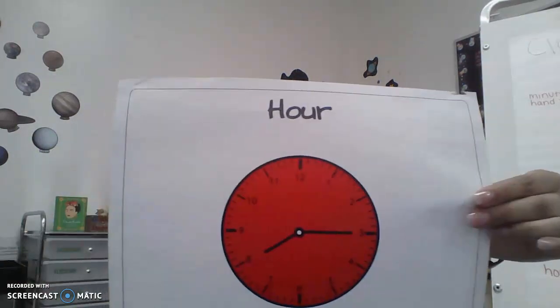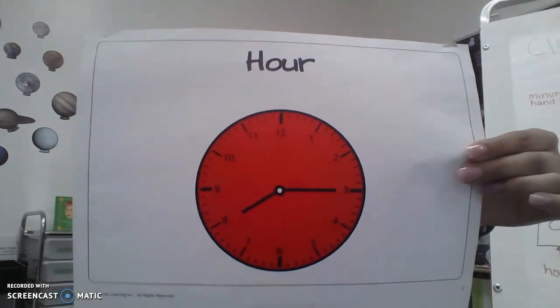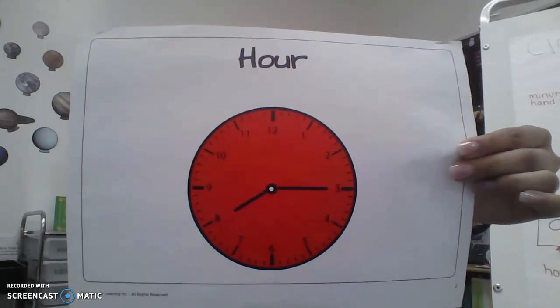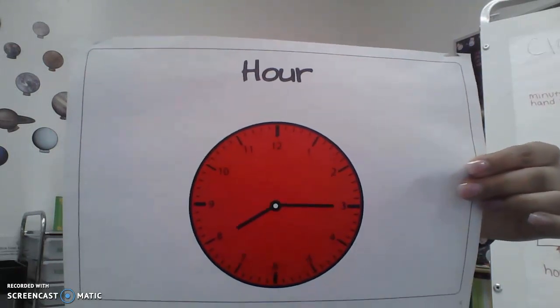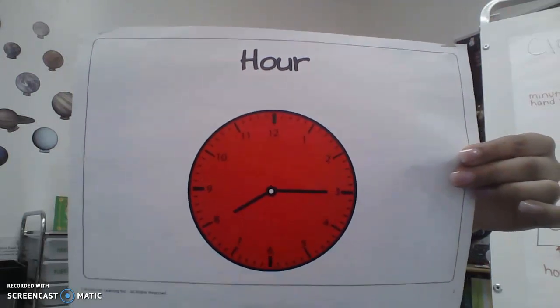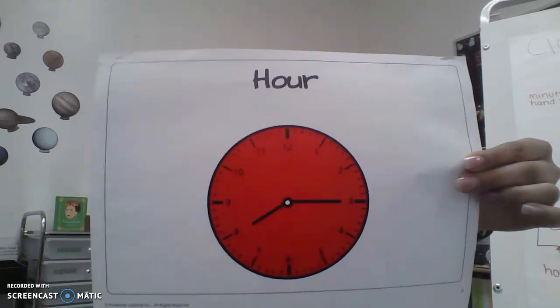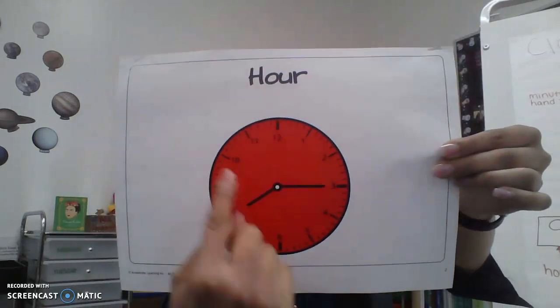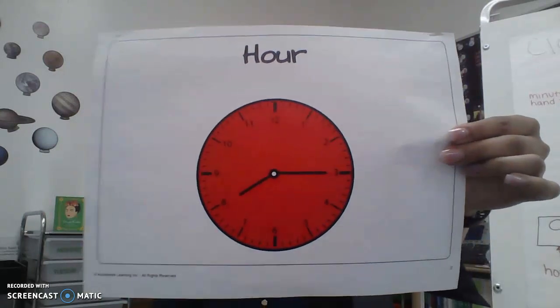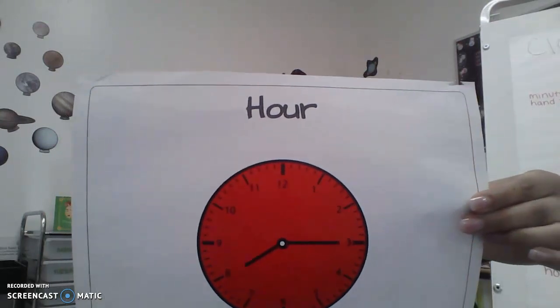The next word is hour. You say it with me. Hour. Good job. The hour is the first number we see and say when we are talking about time. So it's the first number we always look at on our clock and digital clock, and the first number we always say.